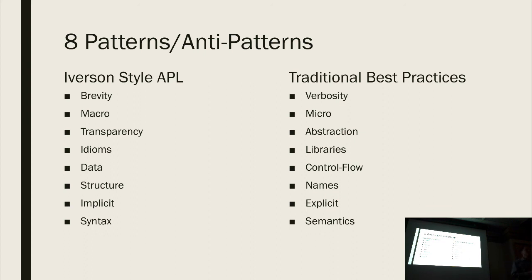Transparency versus abstraction. This is the one that I love, because I like to say in APL, abstraction considered harmful. And it's funny, but it's actually true. APL is one of the few languages in which I've seen a lot of really good code, and what's considered good code in the APL community really doesn't have a lot of abstraction.